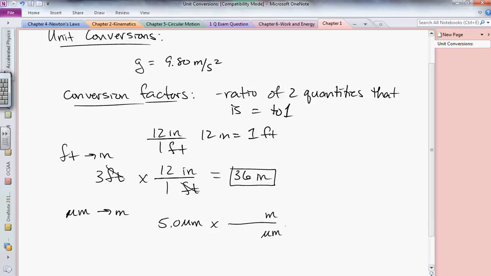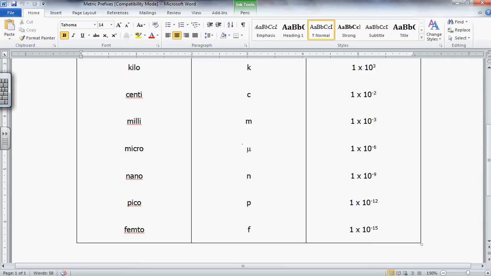Now, the advice I always give to students, and this is where the payoff of memorizing these prefixes really is, is to put a 1 in front of the unit that has the prefix. So in this case, micrometer has the prefix, so you put a 1 in your conversion factor in front of that unit. And then, as we saw in the other table, this micro means literally 1 times 10 to the minus 6.